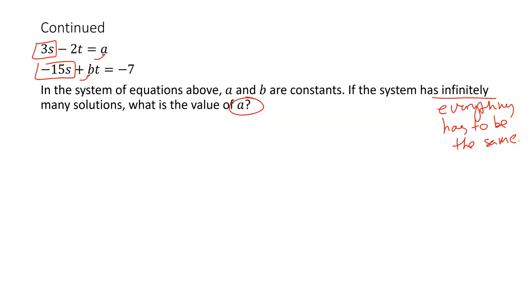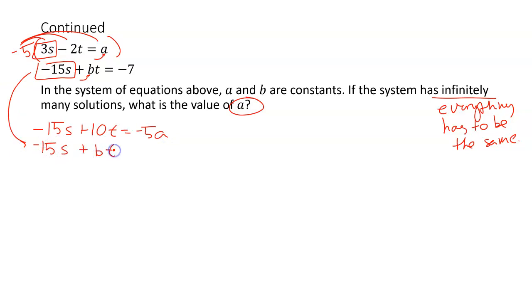So what can I do to this equation so that 3s turns into a negative 15s? Multiply by negative 5. Okay? So I end up with negative 15s plus 10t equals negative 5a. And then this equation is still negative 15s plus bt equals negative 7.